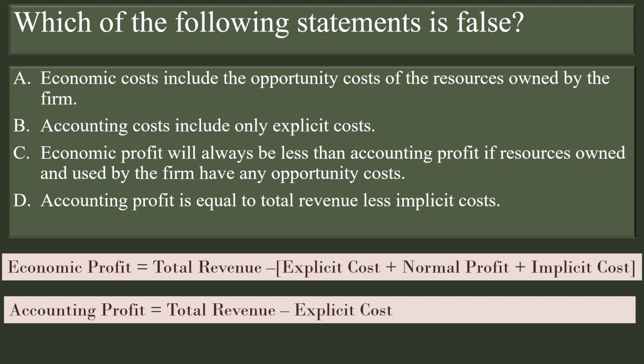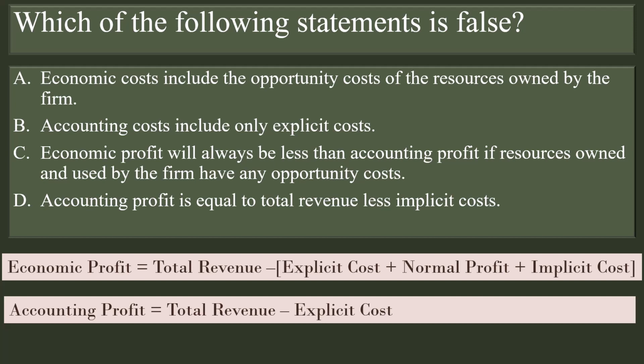Look at the definition for economic profit and accounting profit. To obtain the accounting profit, you deduct only explicit cost from total revenue. But to calculate economic profit from the total revenue, you not only deduct explicit cost, you have to deduct normal profit and implicit cost also.